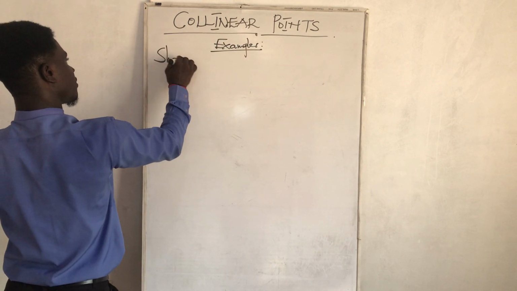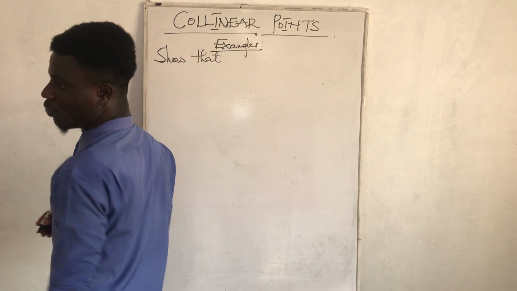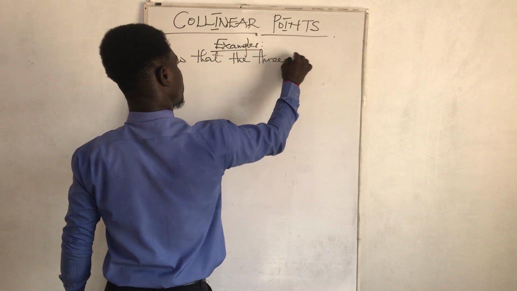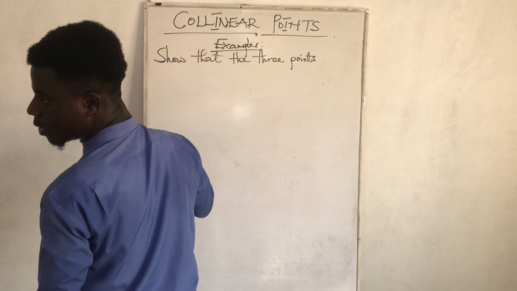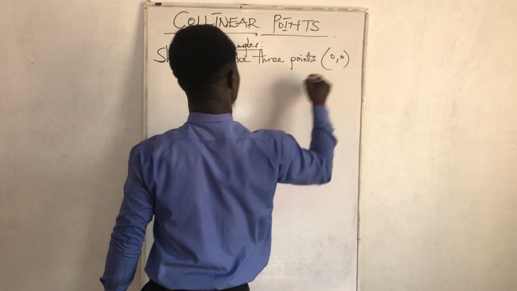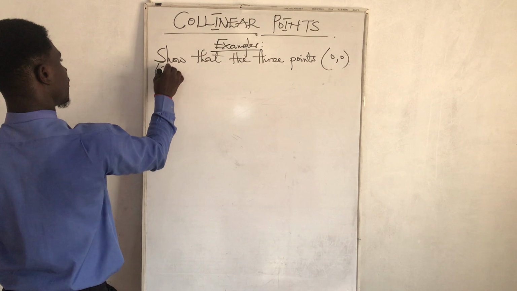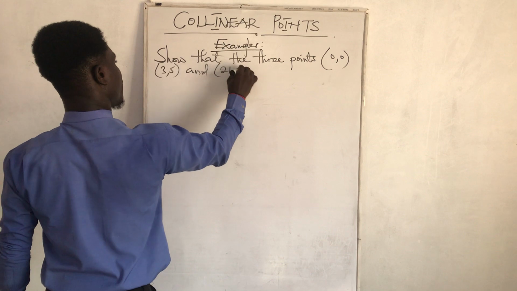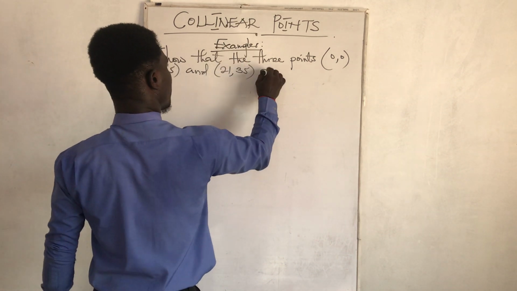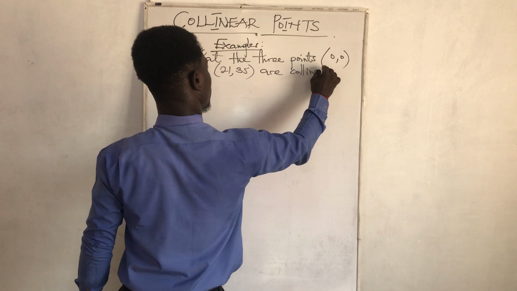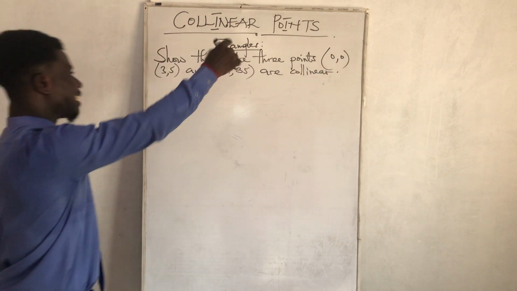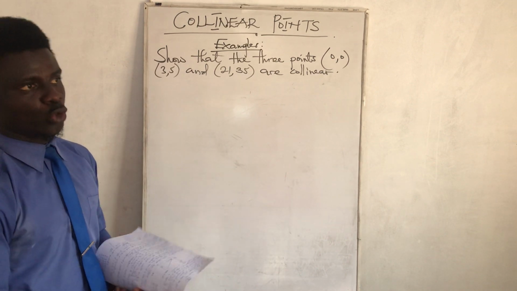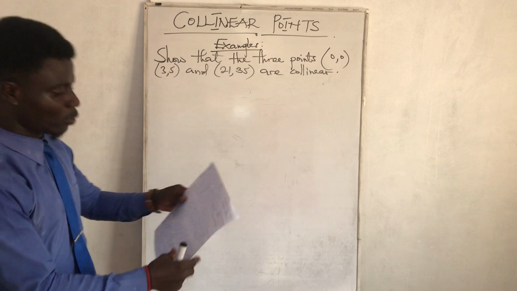Show that the 3 points (0, 0), (3, 5), and (21, 35) are collinear. So now they say that we should show that these 3 points are collinear. They are collinear, so show to us why they are collinear.